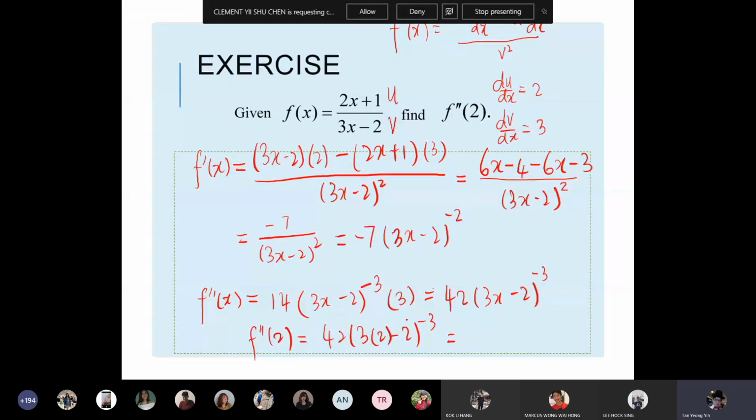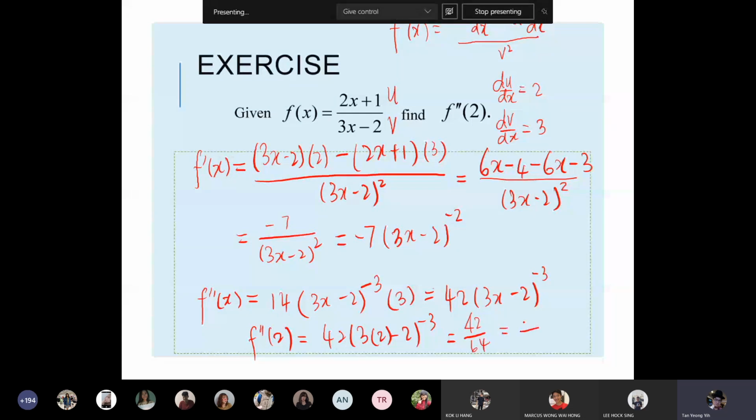Of course you can solve using the calculator. I will have 6 minus 2, 4, and 4 to the power of 3 is 64. So I have 42 over 64.